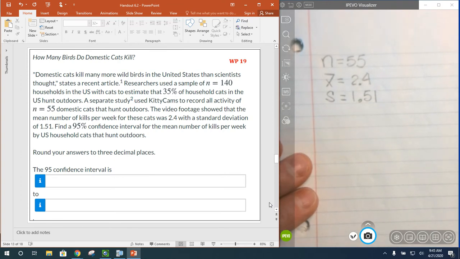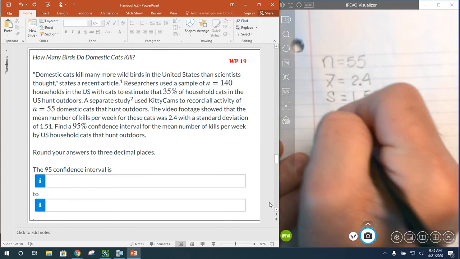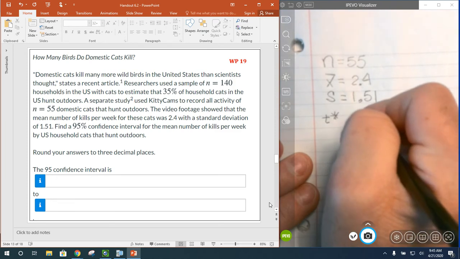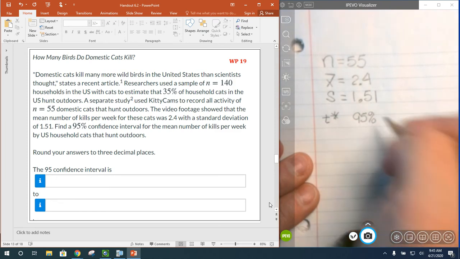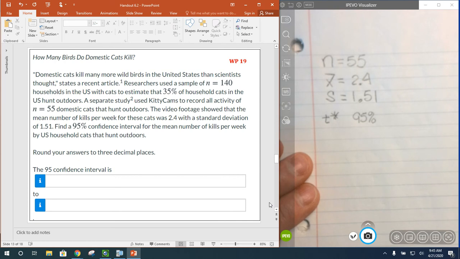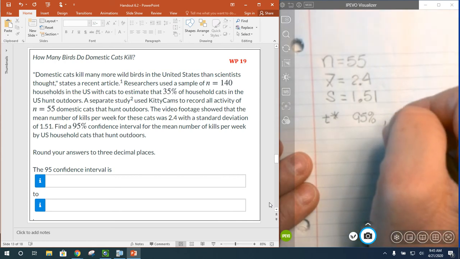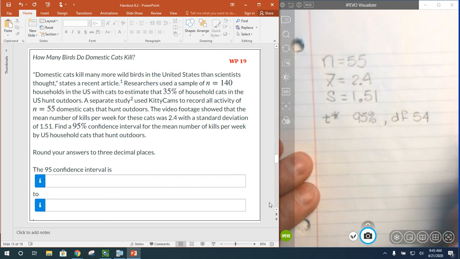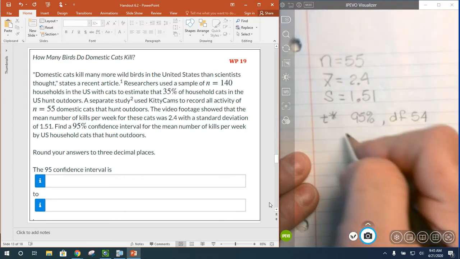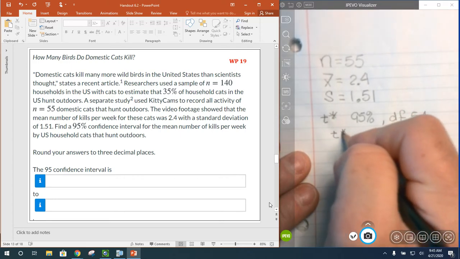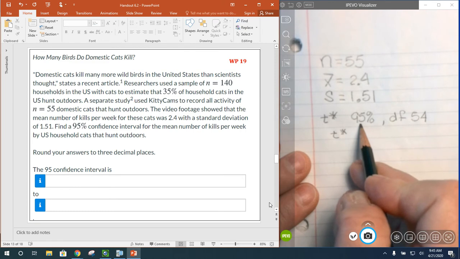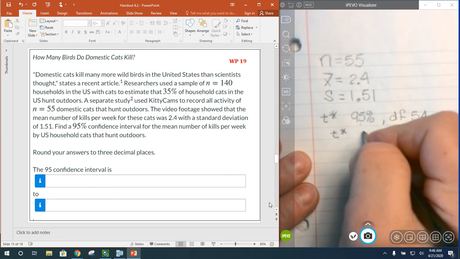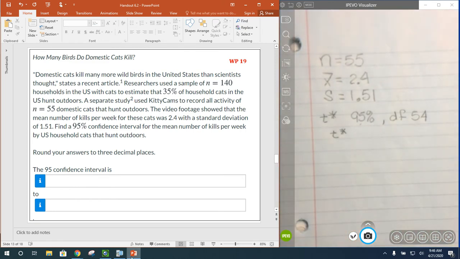We're going to have to get a t star, and that t star is going to be calculated for a 95% confidence interval level, so that means 2.5% on each side, with a degree of freedom of 54, because that's one less than the 55. And if you do your calculator and you go find that, remember, 2.5% on each side, you're going to get a t star of, let's go get that.